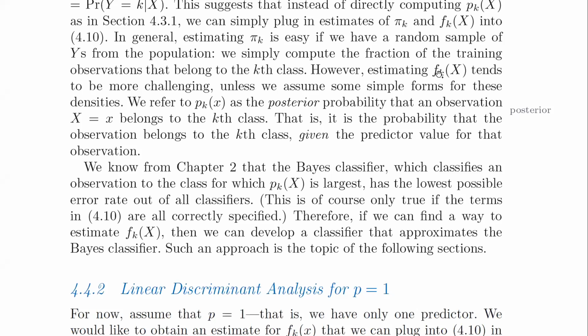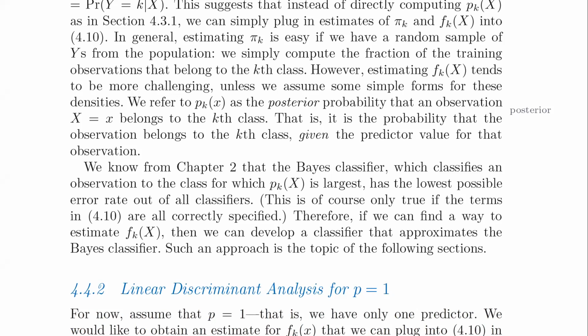However, estimating fk of x tends to be more challenging unless we assume some simple forms for these densities. We refer to pk of x as the posterior probability that an observation X equals x belongs to the kth class.